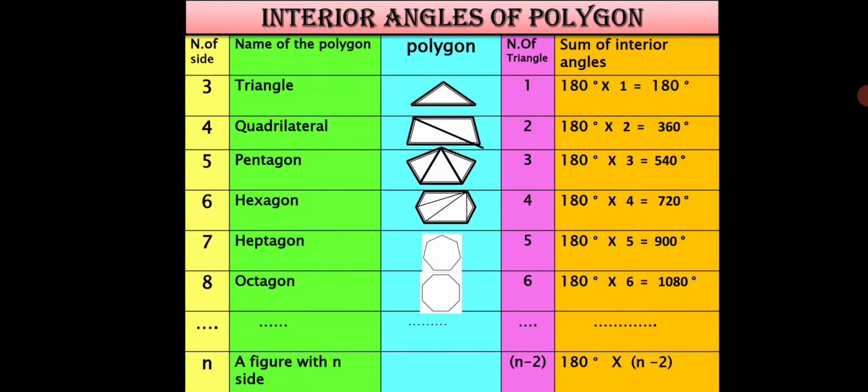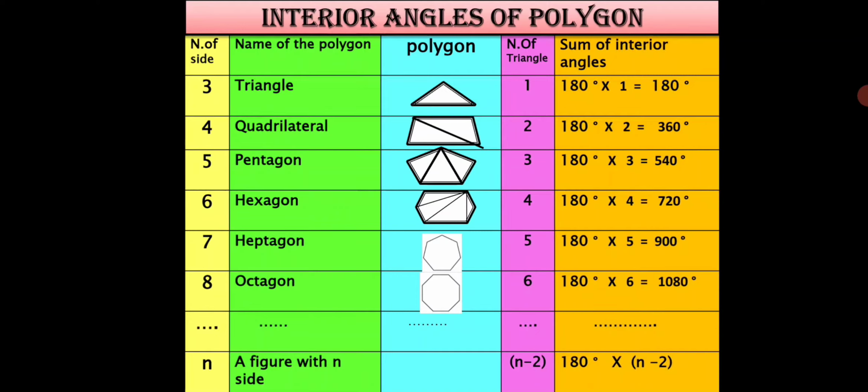In column number 4, the number of triangles formed in that polygon is given. And in column number 5, the sum of the interior angle measures is given. So let us see how to find out. In the first one, a triangle figure is given. So in this, the total number of sides is 3.